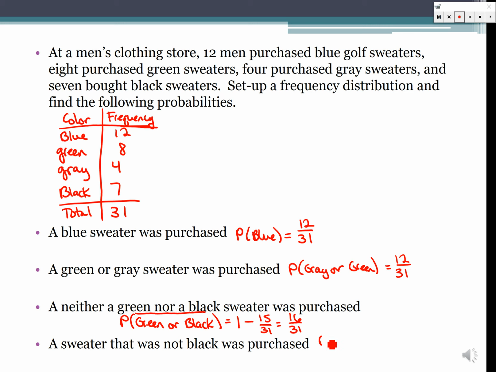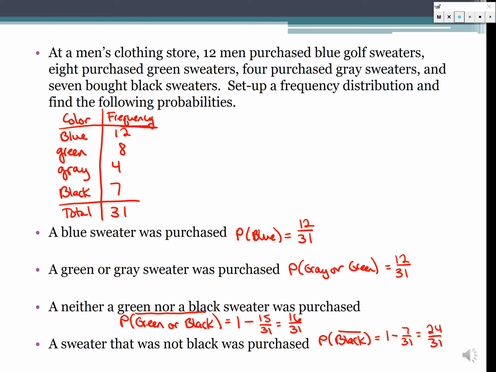And here's a great example of where using the complement is easier. For me, it's easier in this situation to do 1 minus the probability of black instead of having to add together the green, the gray, and the blue.